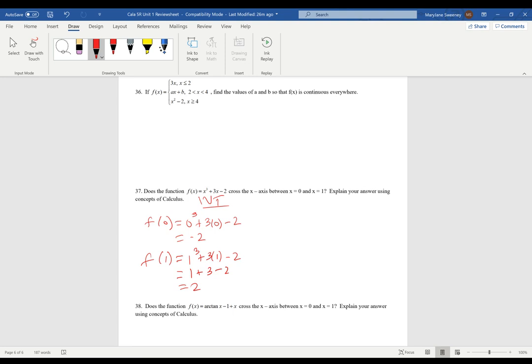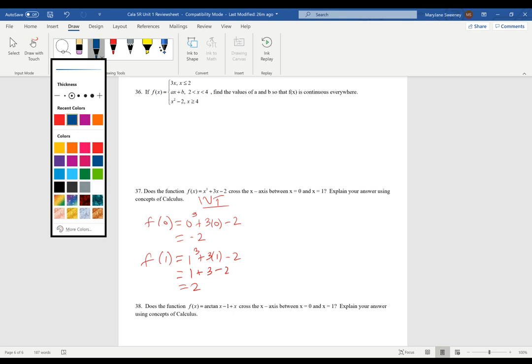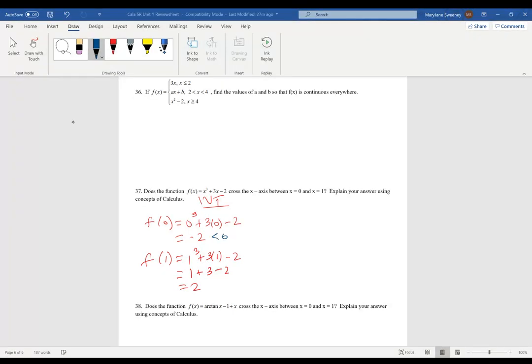Okay, so this is less than 0. This is greater than 0. So we have a sign change in here.